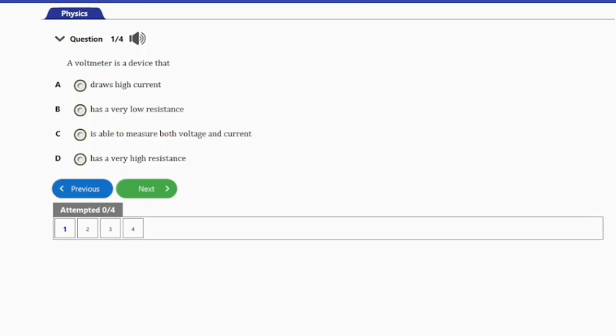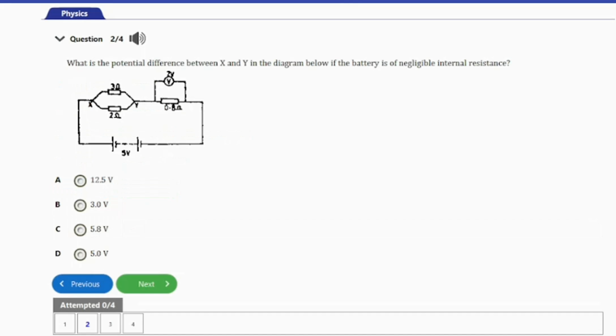So let's go ahead and consider the next question, guys. That's question number 2 here. It says, what is the potential difference between X and Y in the diagram below if the battery is of negligible internal resistance? So guys, for this diagram here, to find the potential difference across X and Y, we have to first of all find the sum of the resistance in this parallel connection in X and Y here, since V is equal to IR.